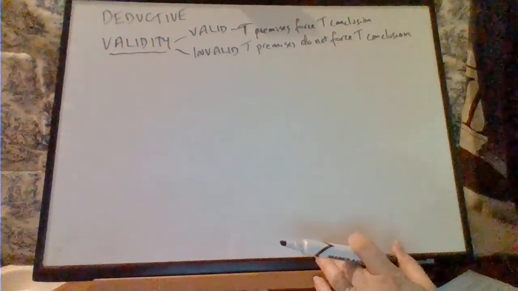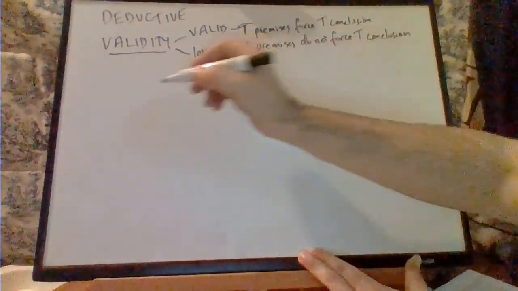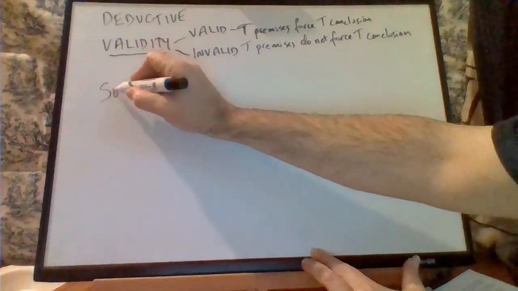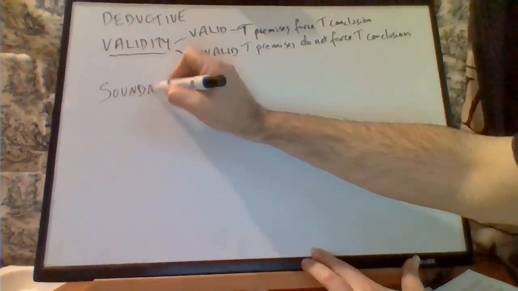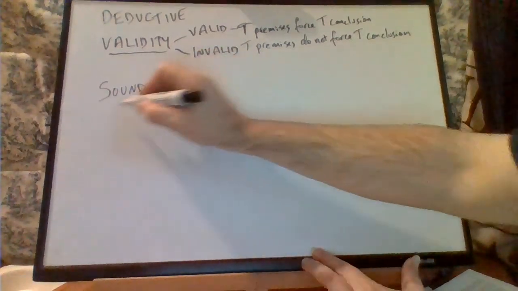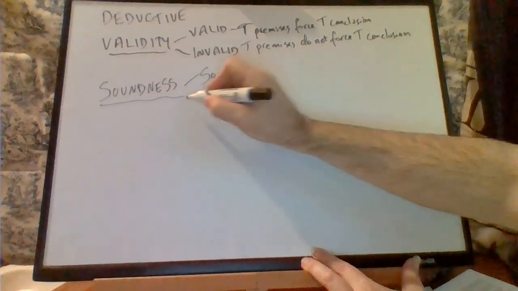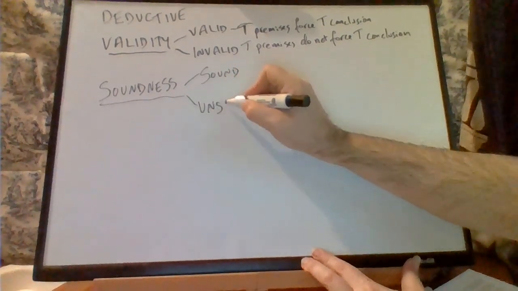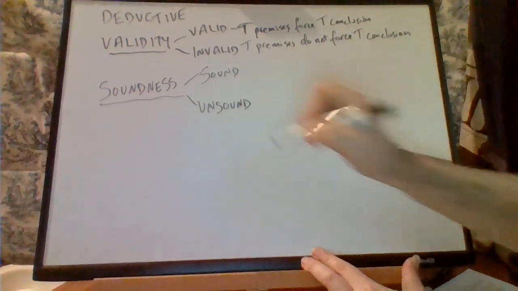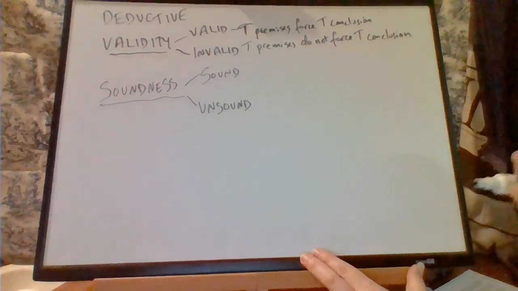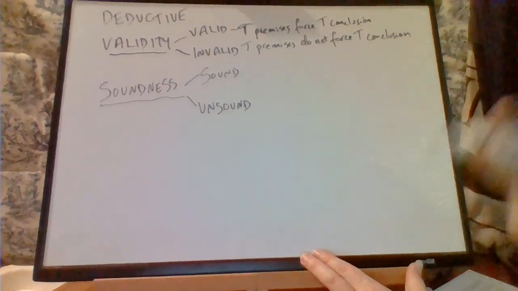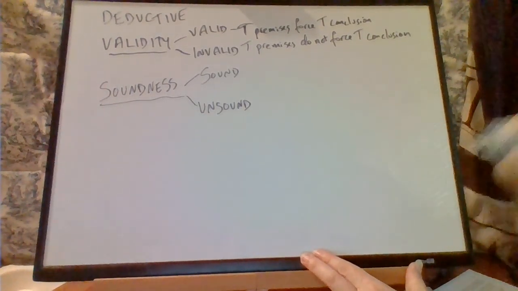The second thing that you're going to look for is what's called soundness. Okay. Is the argument sound or is it unsound? Okay. And what you want in logic for a deductive argument is to have a sound argument. That's the goal.